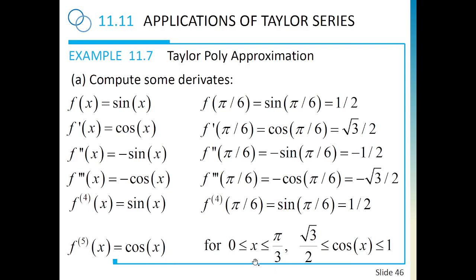So we are just preparing the situation for when we need it. Our x is between 0 and pi over 3, so we quickly evaluate the values of cosine in that region. It's bounded between radical 3 over 2 and 1. So this will be useful for the error estimate.